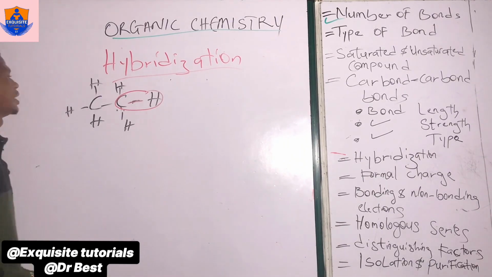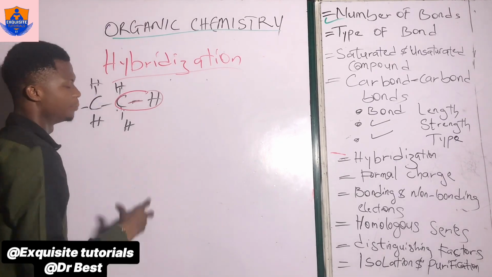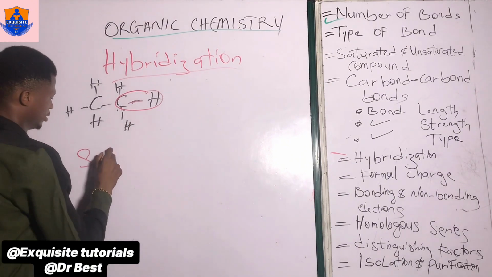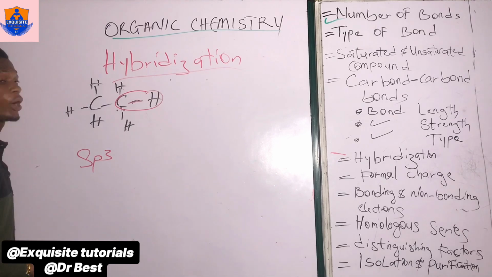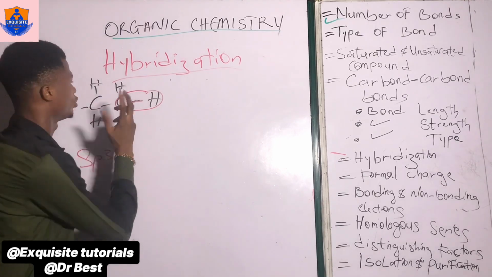Just like I made us understand, hybridization talks about the number of atoms that is bonded to that particular atom, and as well the lone pairs. Now this is an alkane, and we'll have the carbon in an alkane to be sp3 hybridized. Now, what you do is you determine the hybridization of the two atoms or the two elements.